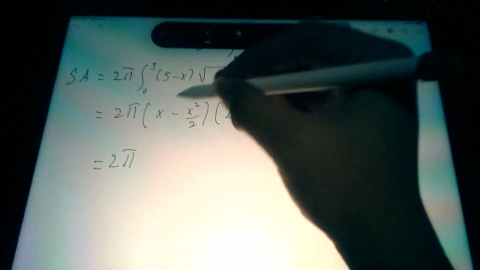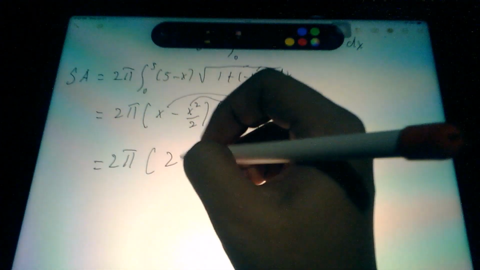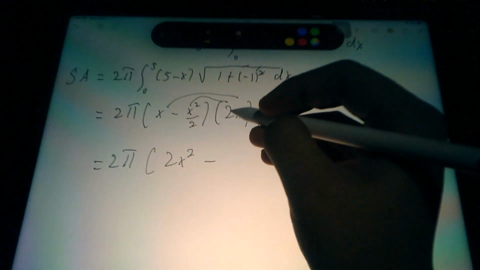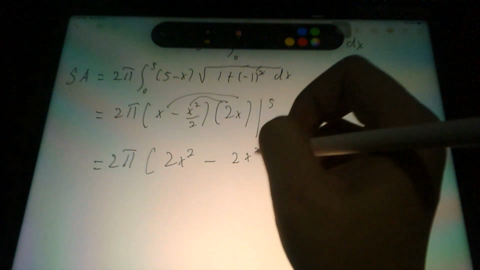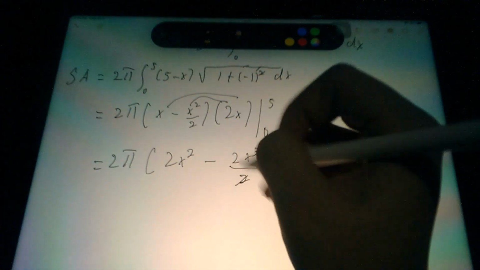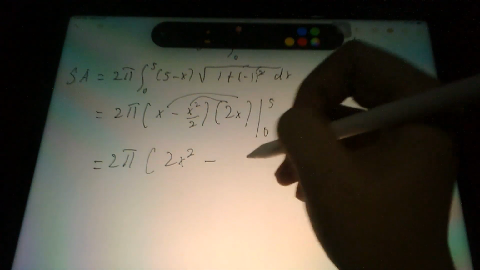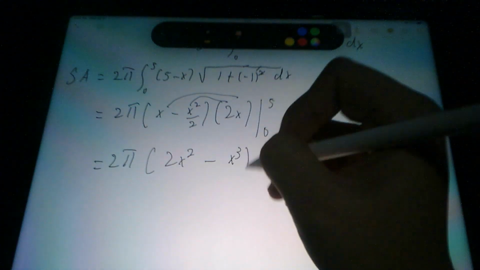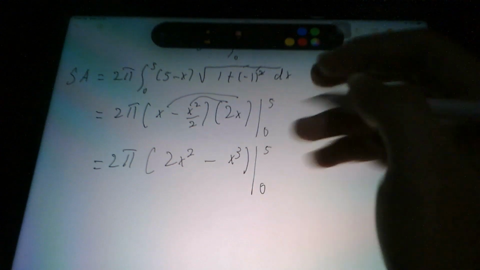Let's simplify this even further. 2 pi times 5x minus... so 2x cubed over 2, which is 2 and 2 will just cancel out, so this will become x cubed, bounded by limits 5 to 0.